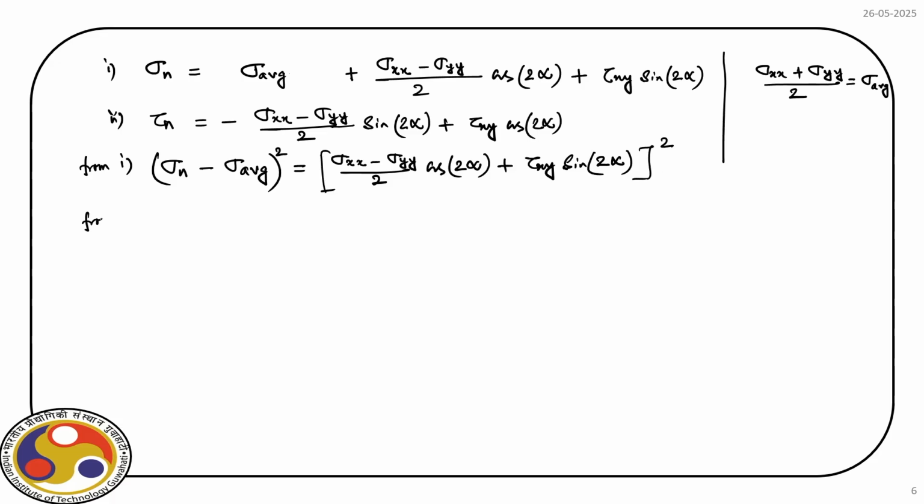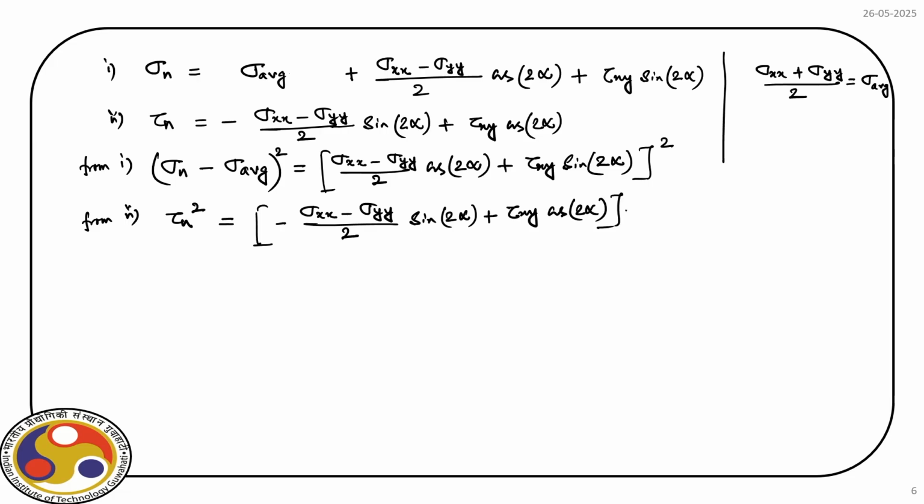From the second equation, we get tau n square is equal to minus sigma xx minus sigma yy by 2 sine of 2 alpha plus tau xy cos of 2 alpha whole square.